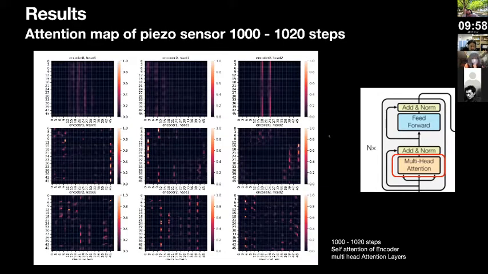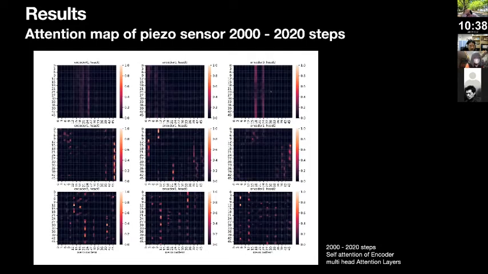And this is the attention map in the encoder layer. We found some vertical lines in multi-head attention like this, or sometimes here. This can be interpreted as an indication that the pattern of vibration during the particular motion has an effect on inferring body state rather than changes in time duration.